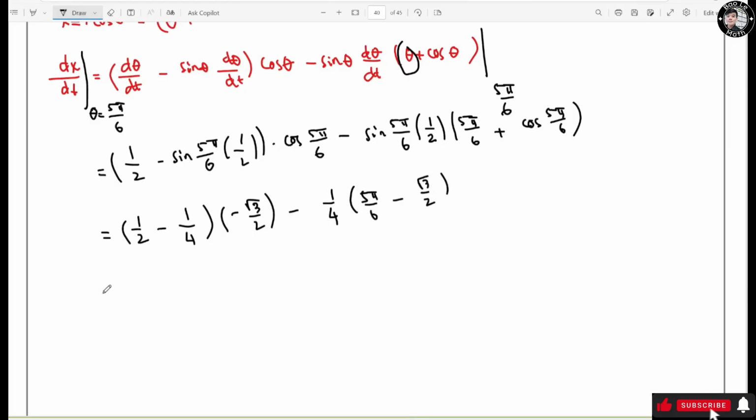I'm going to simplify this one. 1/2 subtract 1/4 is going to be 1 over 4 times negative root 3 over 8. Now I just distribute, so it's going to be negative 5 pi over 24 plus root 3 over 8.